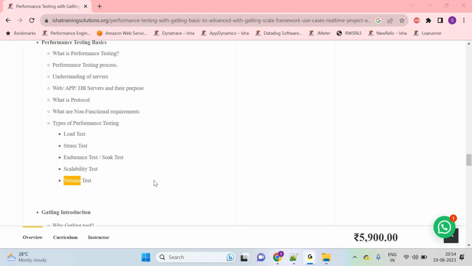So you will straight away get real-world experience. That is also very important during your interview, or in discussions with your manager or stakeholder. So we are going to discuss these test types in a detailed way, guys.